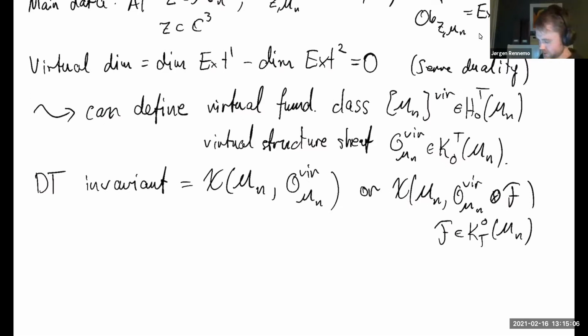Okay, so I should specify what I mean when I say this Euler characteristic. If you haven't seen this before, you should object that this doesn't really make sense. I shouldn't be able to take the Euler characteristic of something living on Mn, because Mn is not compact.